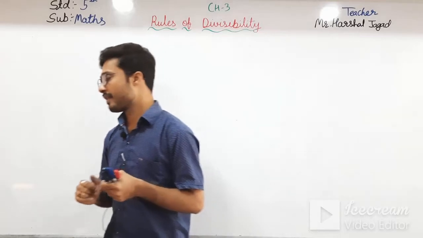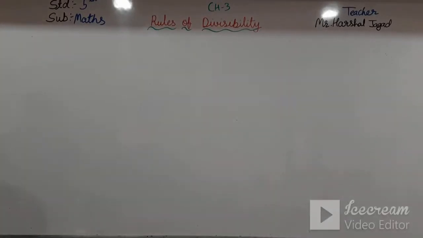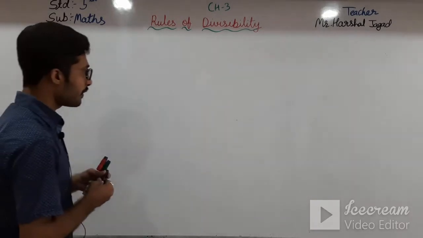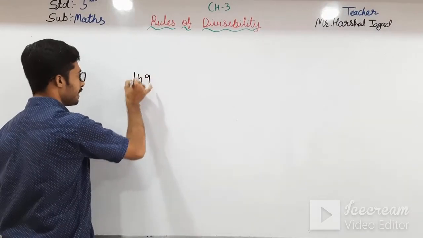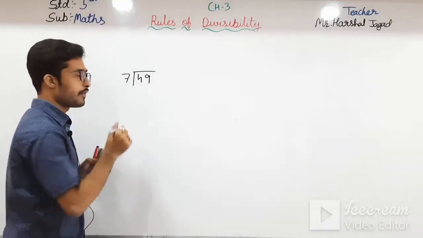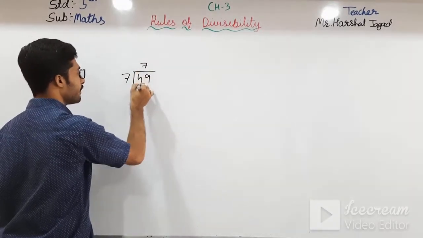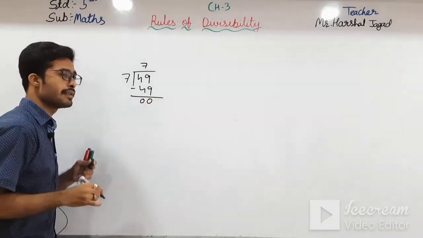Okay students, so first of all, what is divisibility? We all know division. See here, if I say 49 divided by 7, then you know the table of 7, that 7 sevens are 49 and here remains 0.